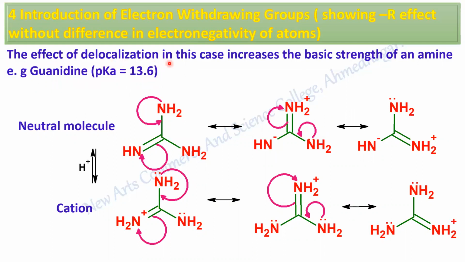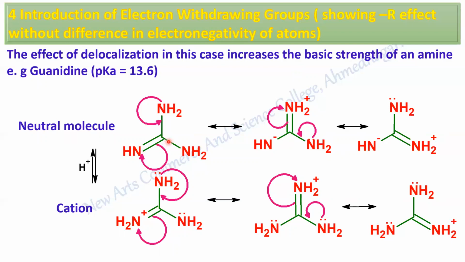Now the effect of delocalization in this case increases the basic strength of the amine. Why does this happen? First of all, look at the resonating structures I have shown here, with respect to the neutral molecule. In guanidine, three nitrogen groups are attached to the central carbon, and one of the nitrogens is doubly bonded.